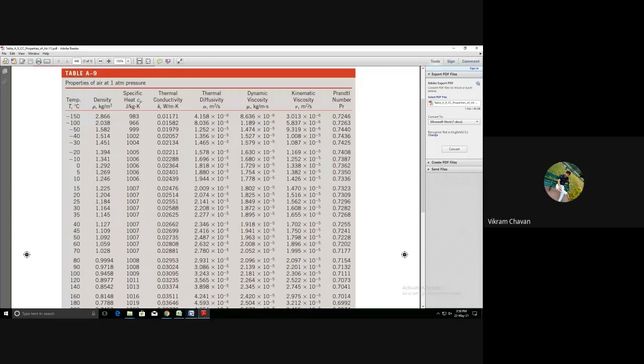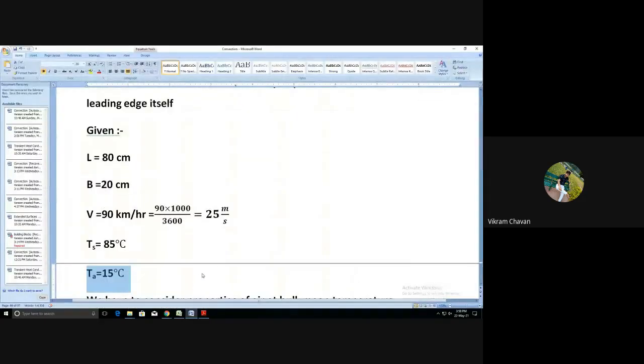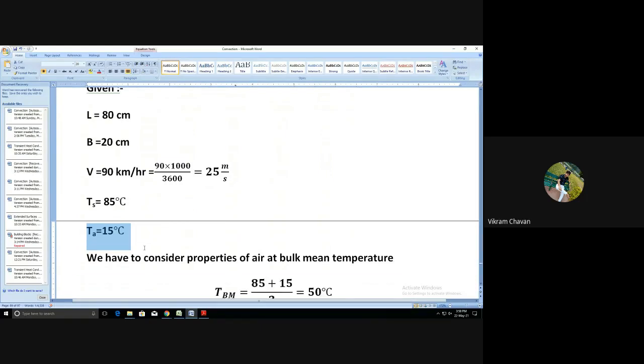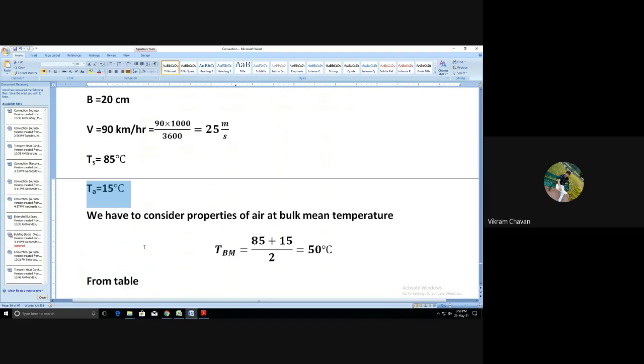Then the concept is more important further: which air temperature we have to consider, whether the surface temperature or directly the ambient air temperature. Here is the concept that we have to consider the properties of air at the bulk mean temperature, that is T suffix Bm.